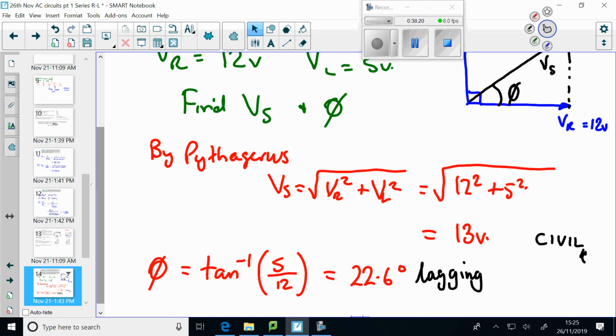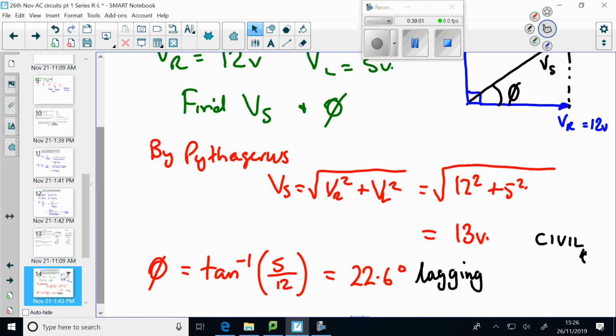The question says, find the supply voltage and the phase angle between the current and that voltage. So we calculated the voltage and that's lagging the current, because it's an inductive circuit.